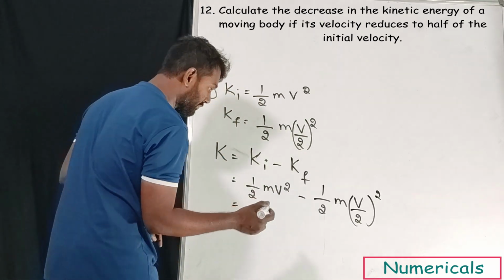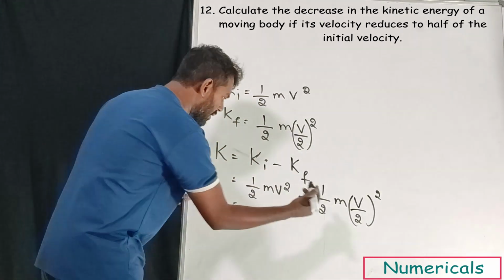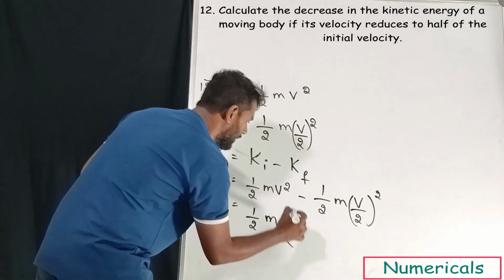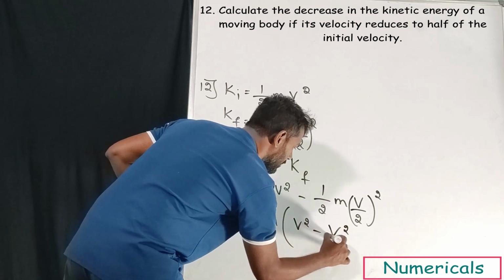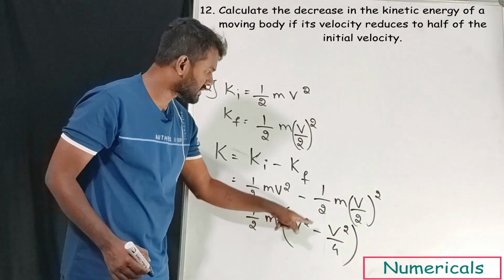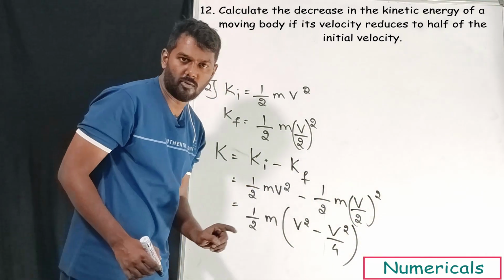Now what is common here? Half and m are common. We will take them out. Then here v square minus v square by 4, correct? See, I have written v square as it is. (v by 2) whole square is nothing but v square by 4, correct?